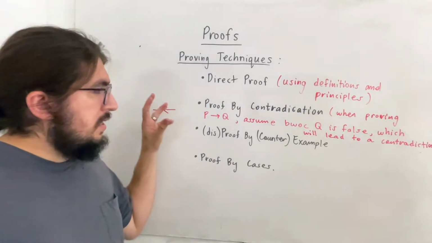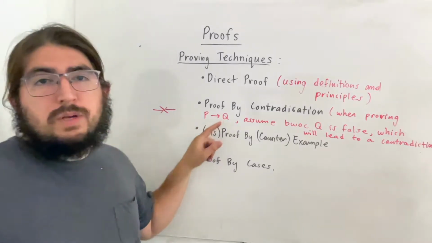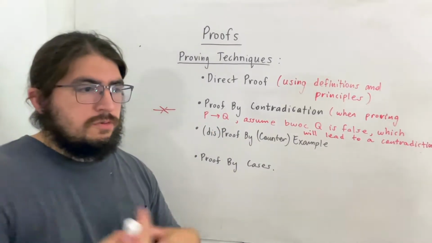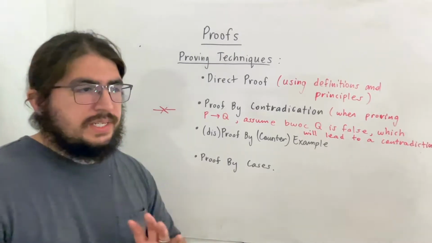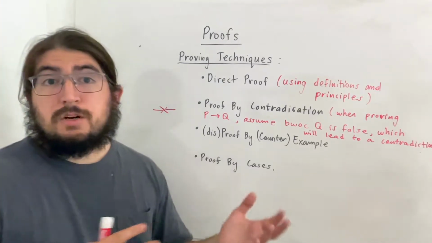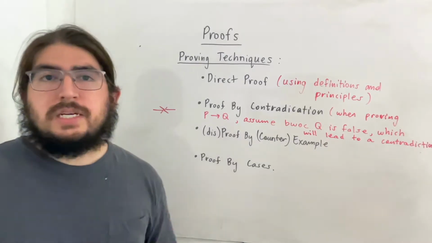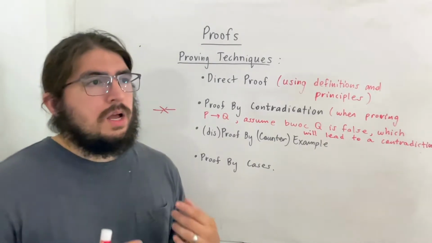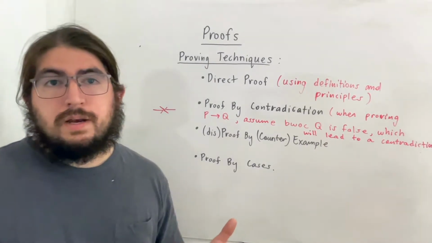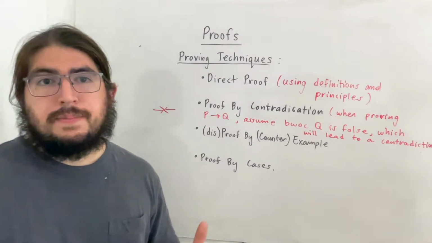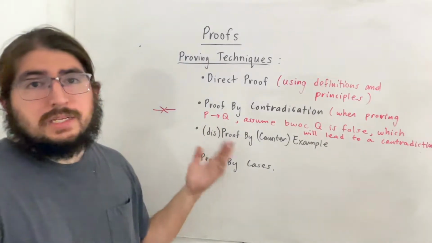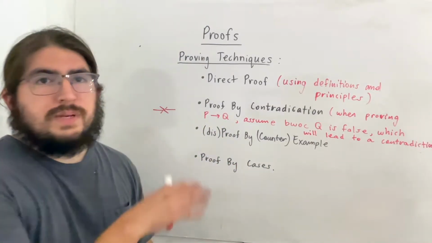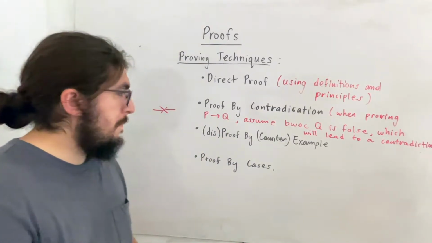Let's say whatever Q is, you assume it to be false, and then you apply your deductions and mathematical manipulations of equations or whatever the case may be. Maybe it's an inequality, who knows. Let's say it's an inequality and you get something like 2 is less than 1. Clearly that's a false statement. That is a contradiction. So that means what you assumed is actually false, assuming everything else you did in between was correct.